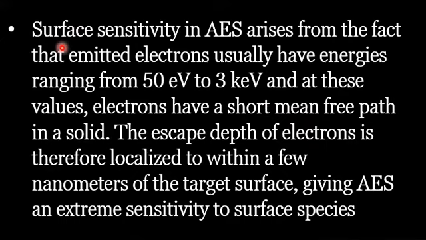So Auger electron spectroscopy is a surface sensitive technique, and surface sensitivity in Auger electron spectroscopy arises from the fact that emitted Auger electrons usually have an energy in the range of 50 electron volt to 3 kilo electron volt, and at these values electrons have a short mean free path in a solid.